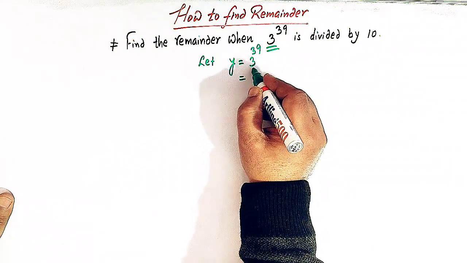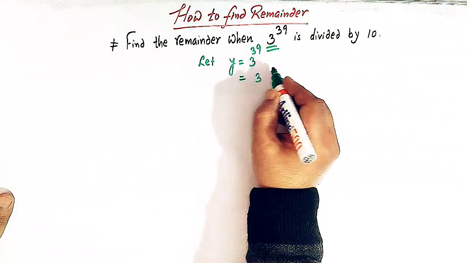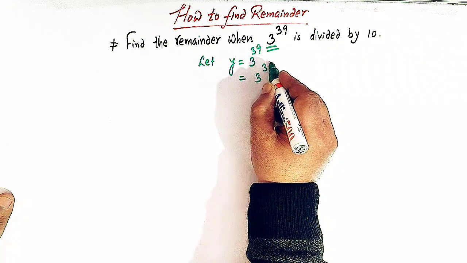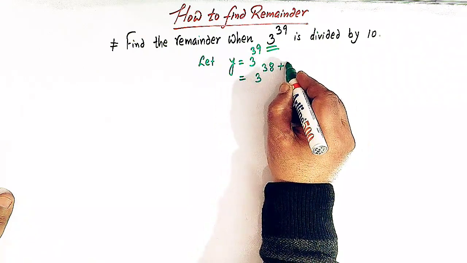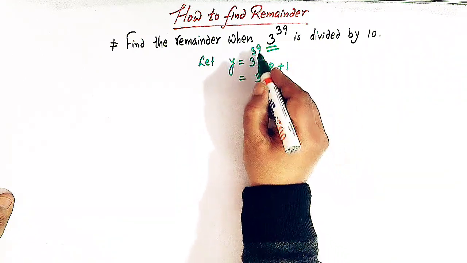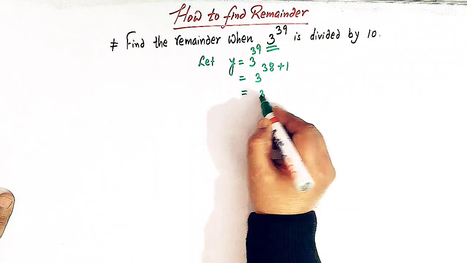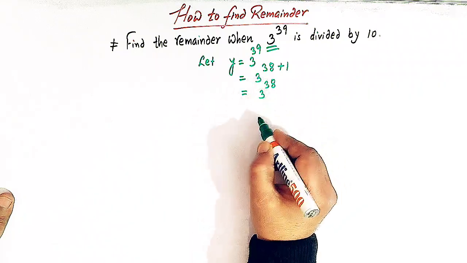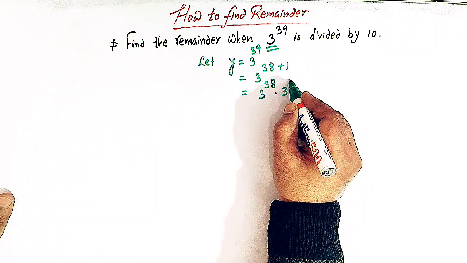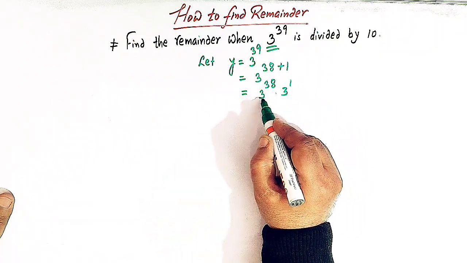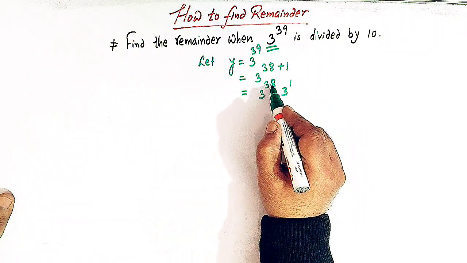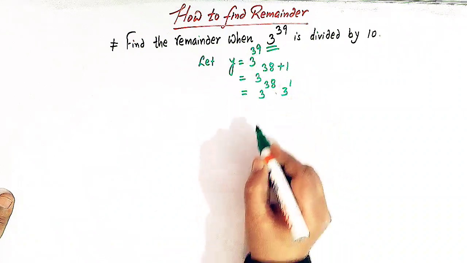Now let us rewrite this number as 3 raised to 38 plus 1, because 38 plus 1 is 39. Then we can write it as 3 raised to 38 times 3 raised to 1 by the laws of exponents. 38 plus 1 is 39, right?